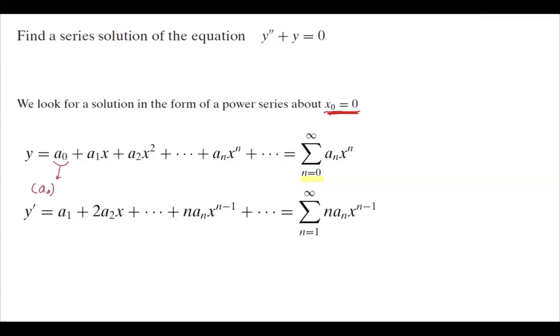If you take the derivative term by term, the derivative of a1 x is a1, the derivative of a2 x squared is 2 a2 x, and the derivative of the general term a_n x to the n is n a_n x to the n minus 1.